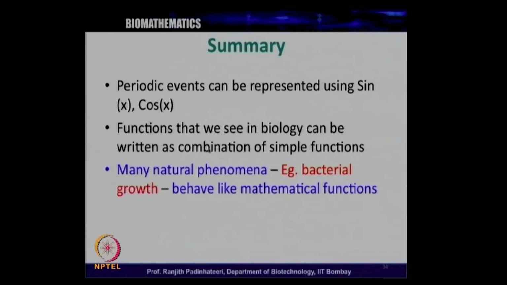We saw x by 1 plus x written as some combination of x, x square, x cube, x power 4, etc. We saw the exponential function. We saw a few other functions like free energy written as a combination of x power 4, x square, etc. We also said many natural phenomena like bacterial growth, or for example the rate of a reaction, behave like mathematical functions.